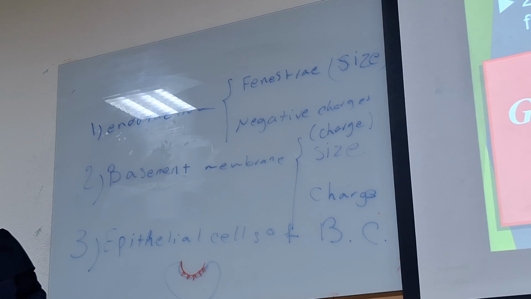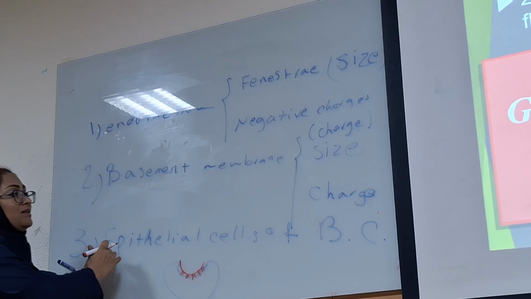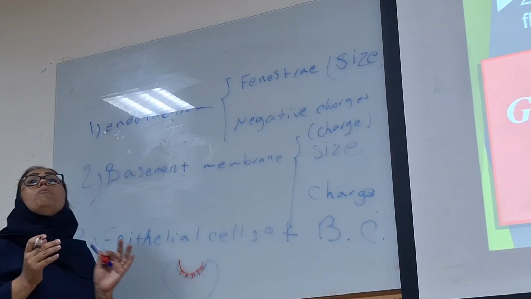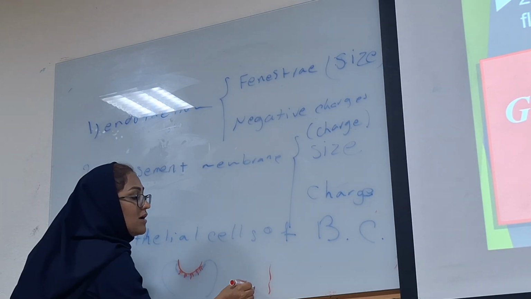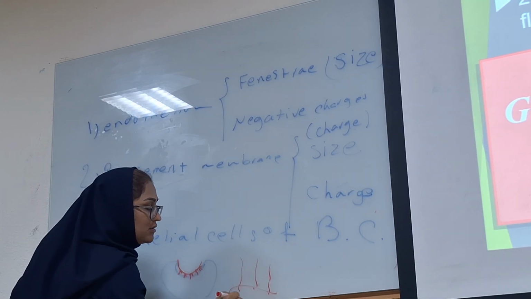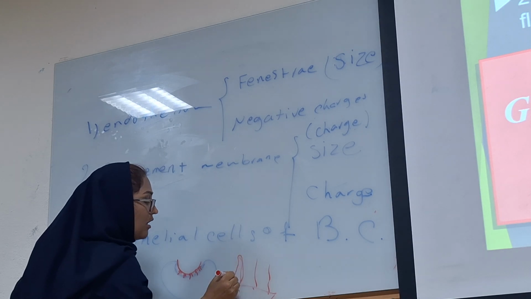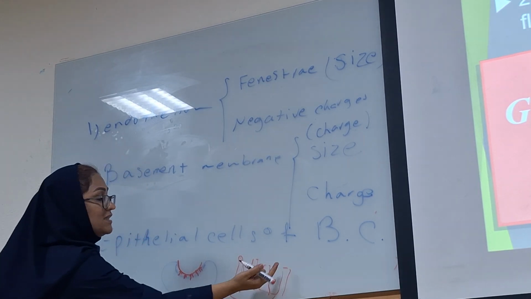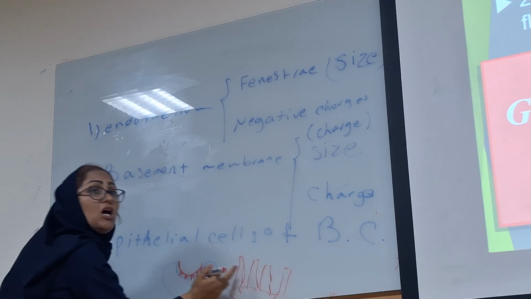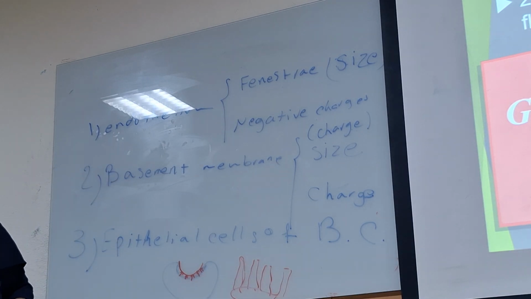Got it? But these cells have some foot-like processes. It is one cell, and it has some foot-like processes. These processes are called podocytes.